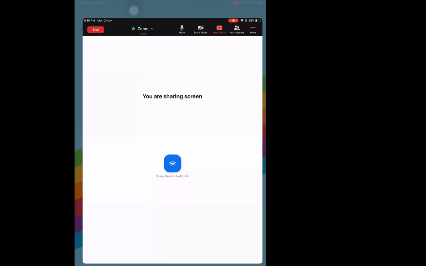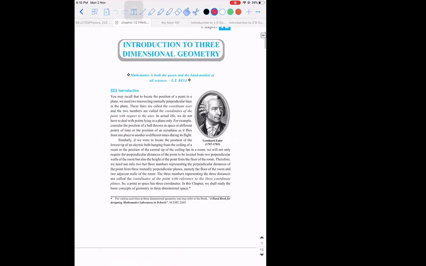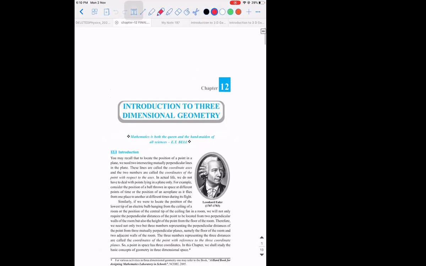Okay. So listen. I'll put it in very simple terms. Here we are saying introduction to three-dimensional geometry, right? If I speak about one dimension, if you are able to draw a particular shape in one dimension, what would be the name of that shape?